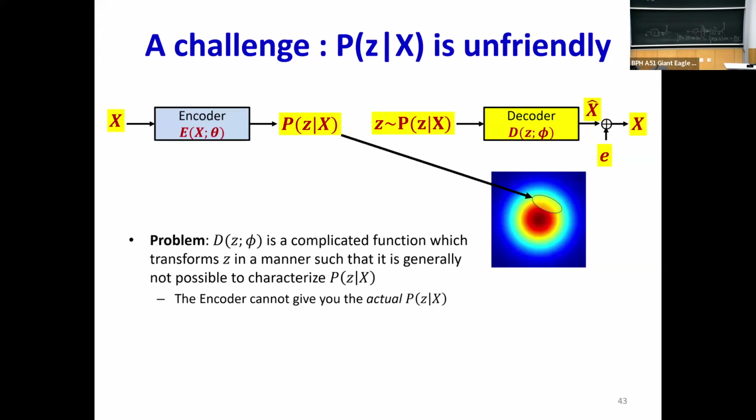And the problem is, what the hell is P of z given x? Now, if I take a sheet and I fold it in some crazy way, and I make it some crazy manifold, right? And so I have this crazy folded sheet, and I've twisted and turned it in the process of modifying it.